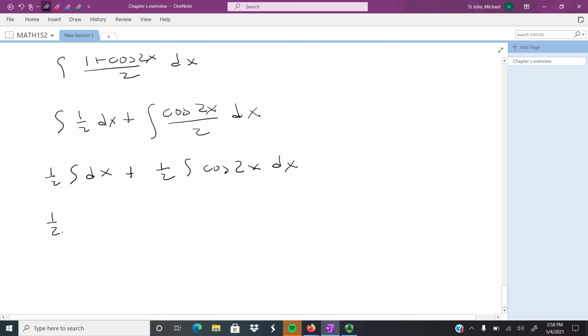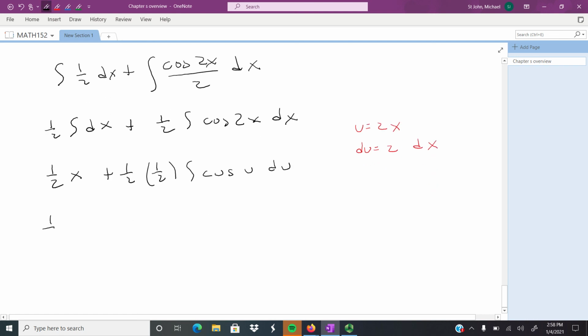The first part is 1/2 x. Now in the second part, we'll say u equals 2x, so du equals 2 dx. And so we now get 1/2 times 1/2 integral of cosine u du.